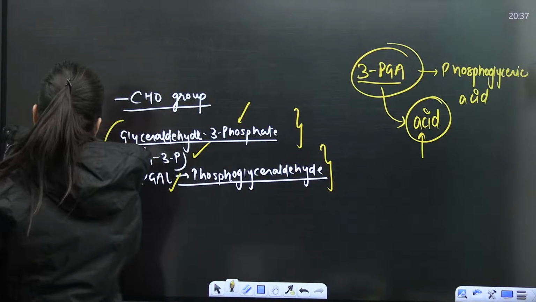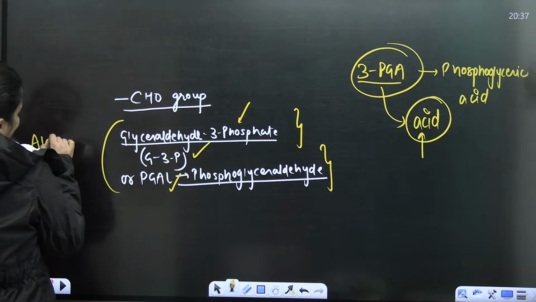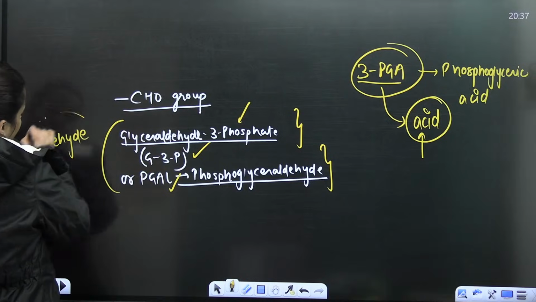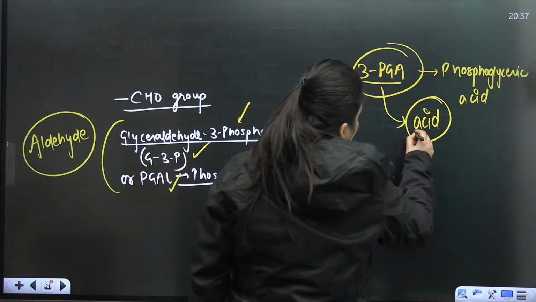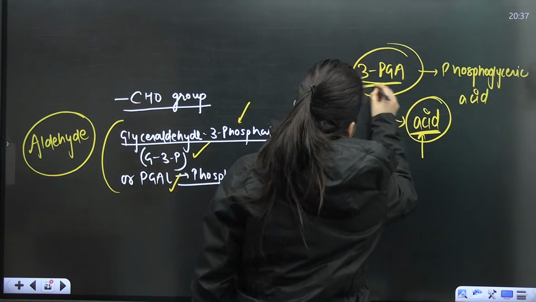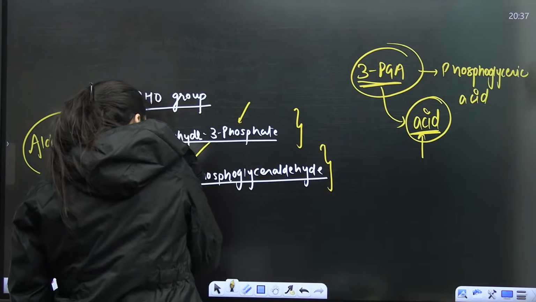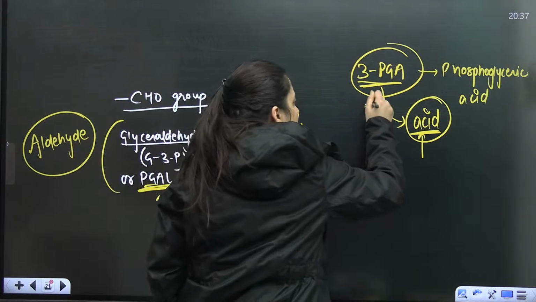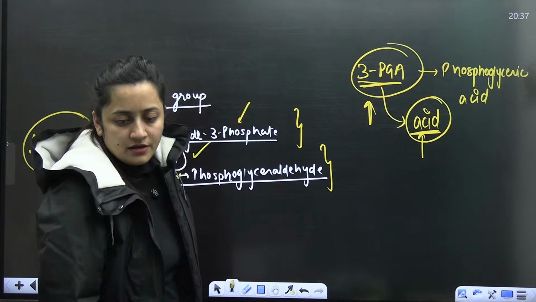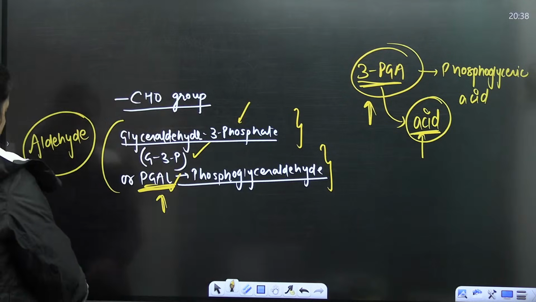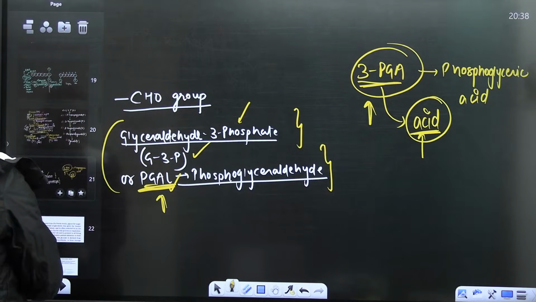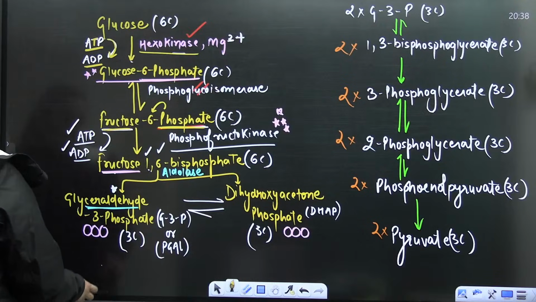With PGAL, you are talking about the aldehyde. So PGA is different, PGAL is different. Am I clear here? Quick.